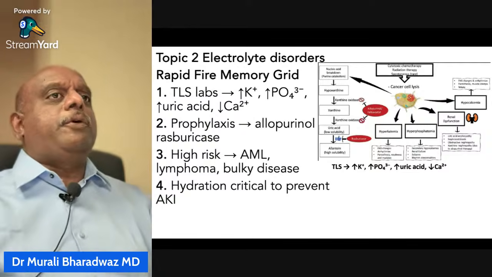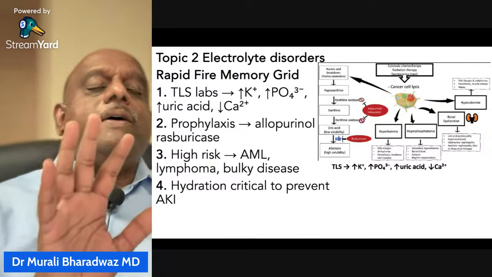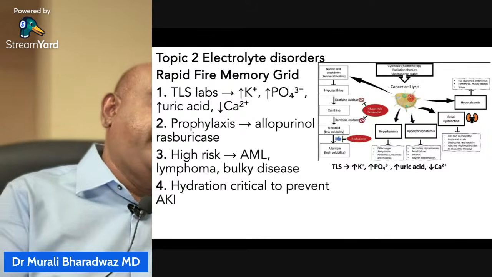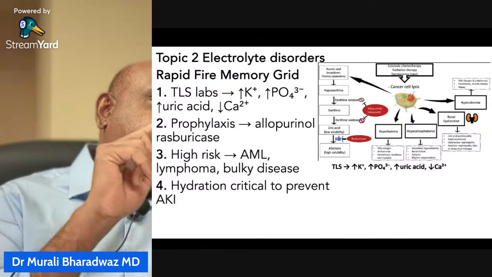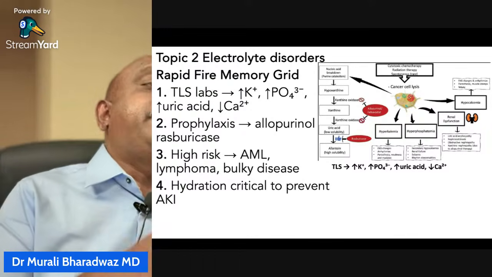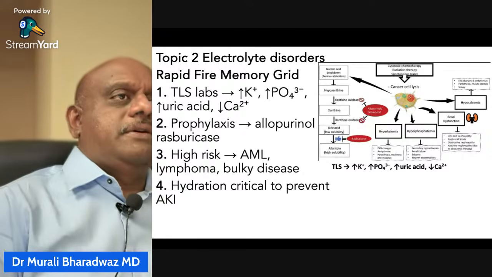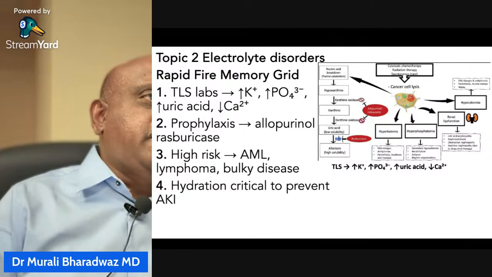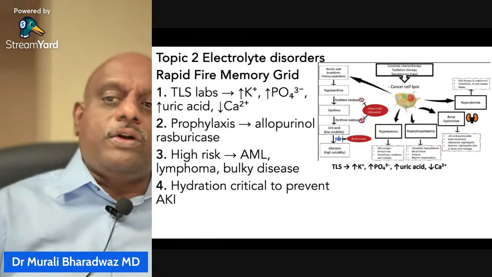So, as a prophylaxis to tumor lysis syndrome, what are the features in tumor lysis syndrome? Hyperkalemia, hyperphosphatemia, hypocalcemia, hyperuricemia. Why hyperuricemia? Because the nucleic acids are released from the cell, they get metabolized and form the uric acid, right? So that's what we need to remember.